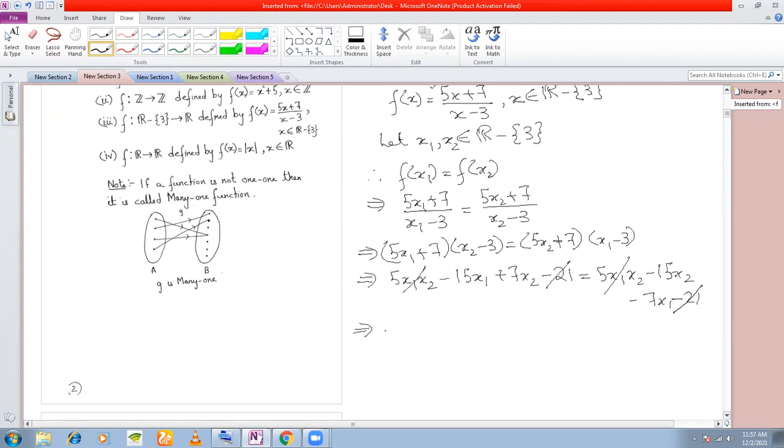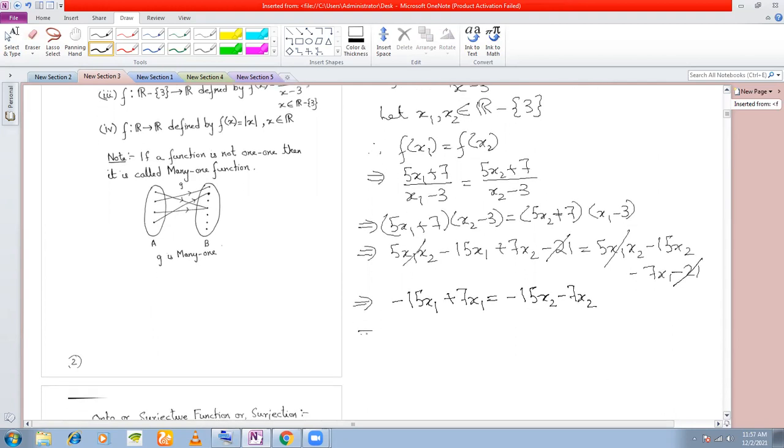So now take all x1s on one side. I think one sign will also change here: 5x1x2 minus 15x2, this should be a plus 7x1, yes, this should be a plus sign here.